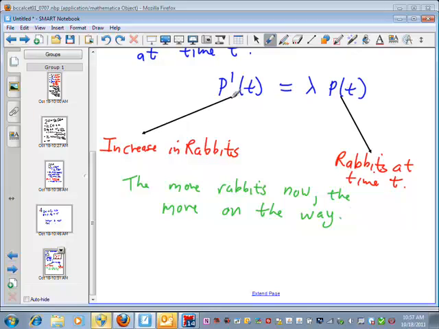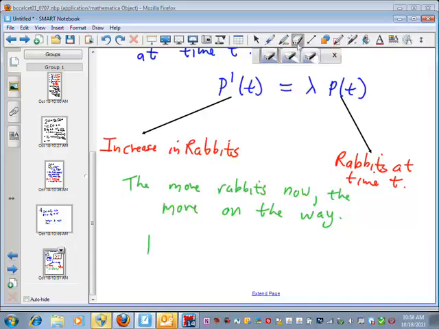What function satisfies this? That when you take the derivative of it, it's just a multiple of itself. I need a function so when you take the derivative of it, e to the x, for sure. So what's the solution to this?